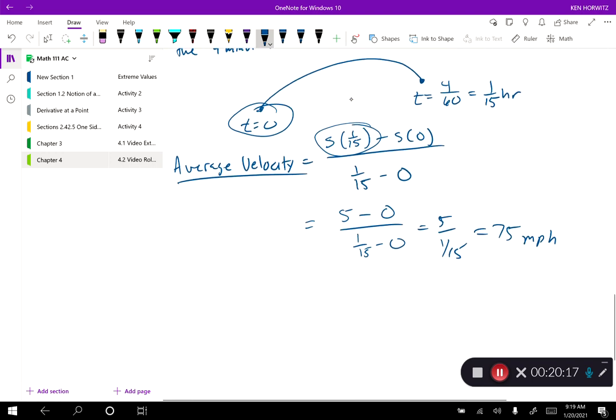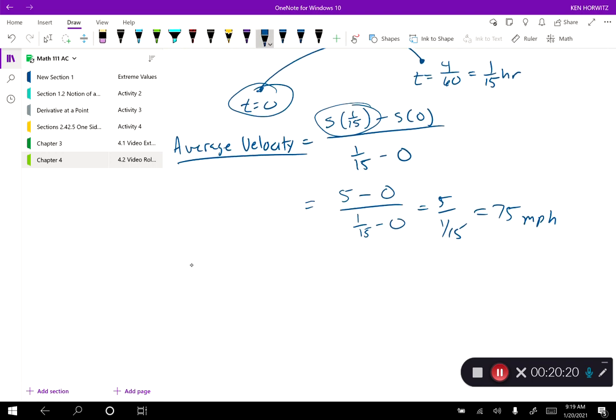All right. So to conclude this problem, you'd say, assuming s is differentiable, you can apply the mean value theorem.